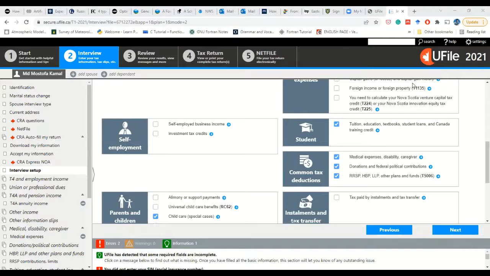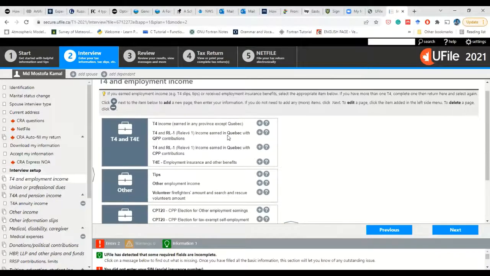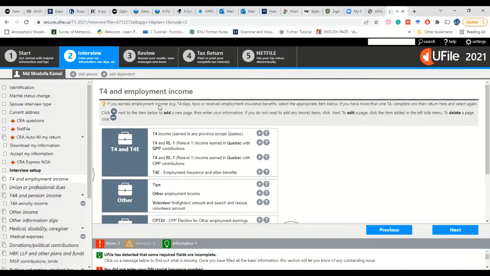So now let's continue on how to file using the software. After you make a tick mark, in the next section, when you click it, you see the T4 and employment income.